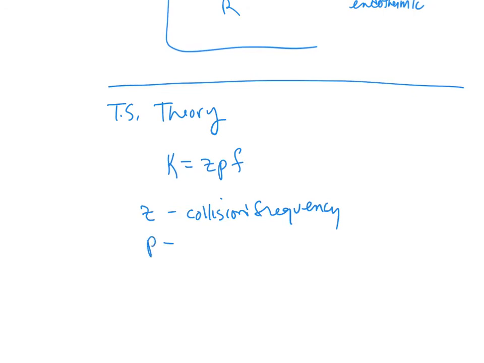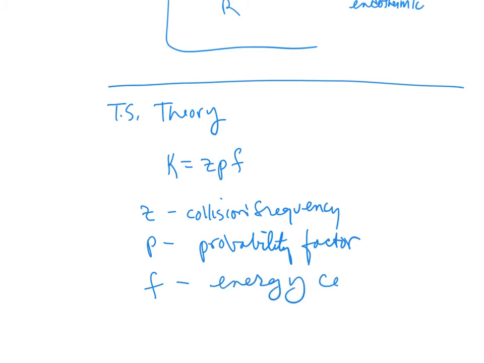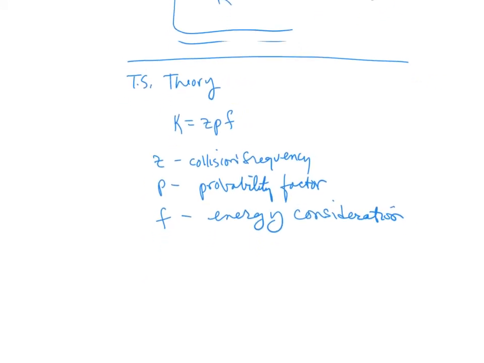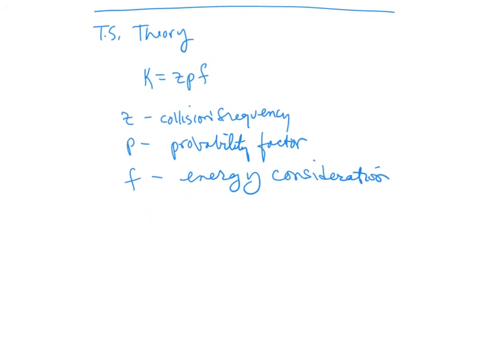P is the probability factor. And F is the energy consideration, and I'll give you the details here in just a second. Okay, so there's three parts to it. We want to quickly talk about each part.